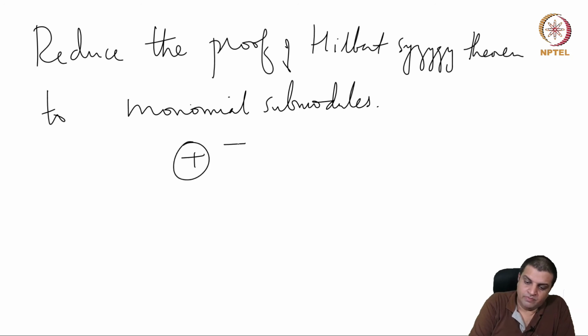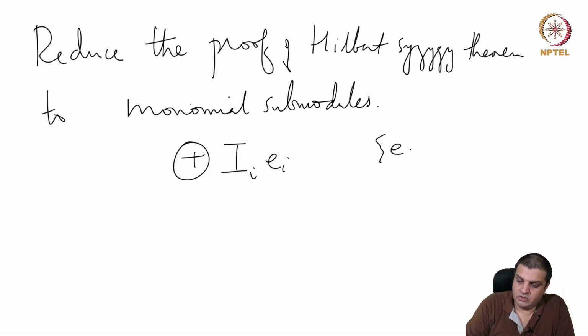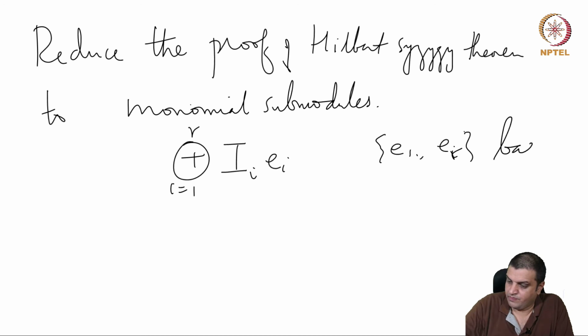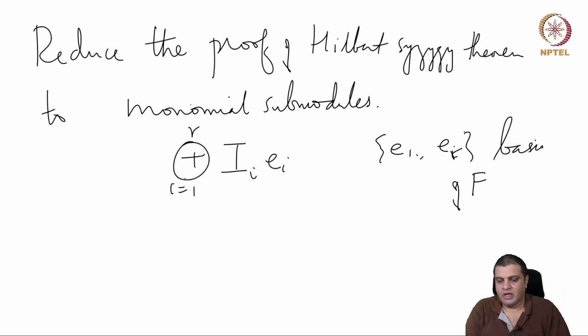They look like the direct sum of I_i times e_i, where F has basis e_1 through e_r. As a direct sum of modules, it is not very difficult to check that if you take a minimal resolution of each one of the components, the direct sum of the complexes will give a free resolution of the direct sum.